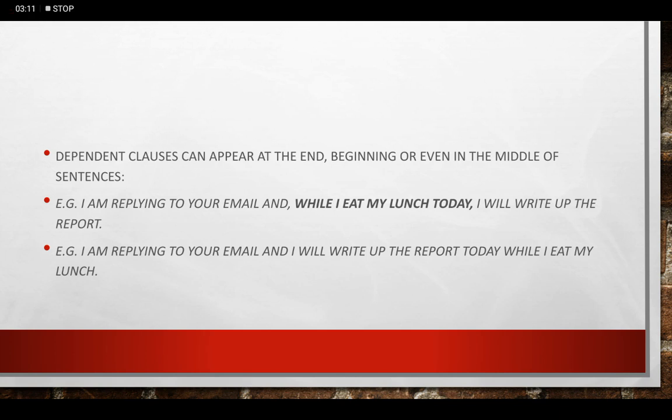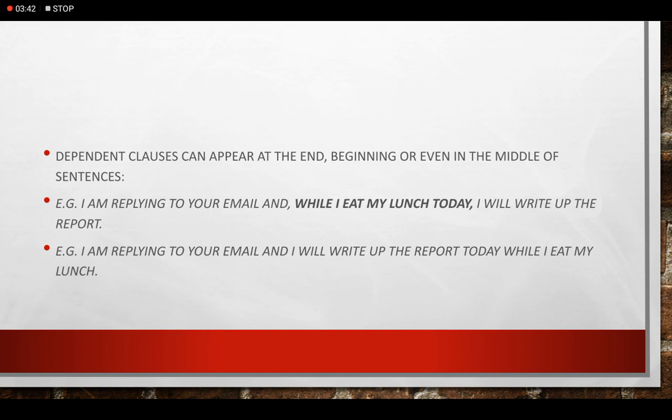I have given here two examples. I am replying to your email and while I eat my lunch today, I will write up the report. I am replying to your email and I will write up the report today while I eat my lunch. So which is the dependent clause in both the sentences? Sorry, while I eat my lunch.